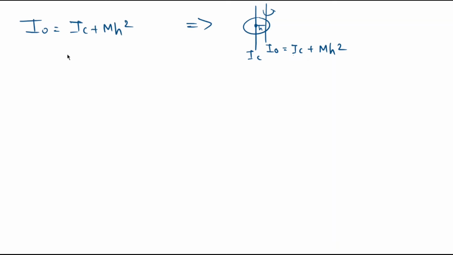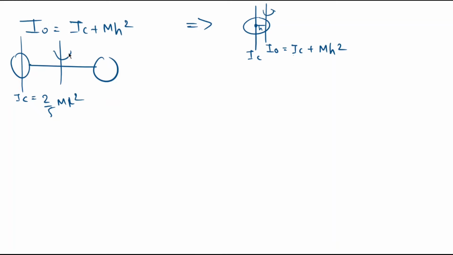So similarly, in our case, the dumbbell, the axis is here and the moment of inertia at the center of mass for the sphere is given by 2/5 M R squared, and this distance is 10 centimeter because the total length of the rod is 20 centimeter.